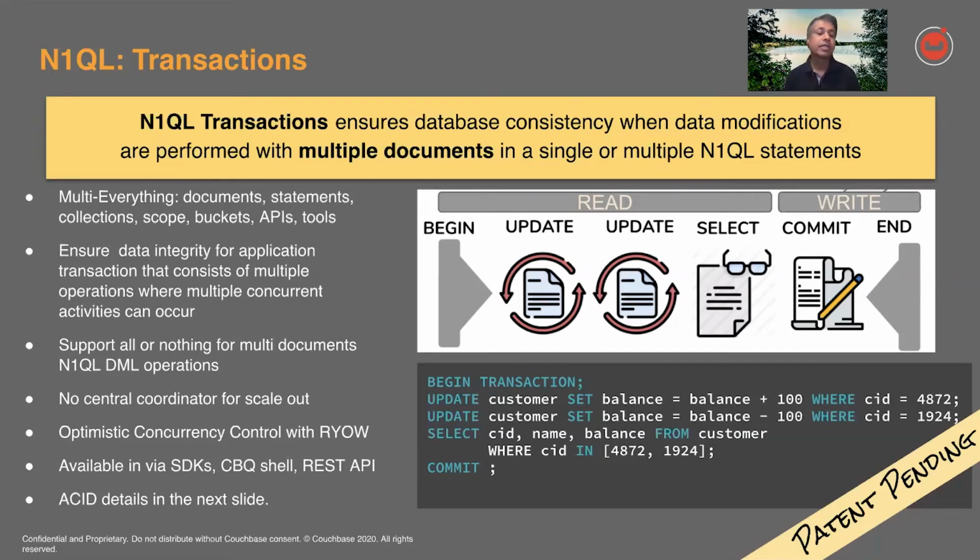Now comes an interesting situation where you have a select statement on customer, and the customer ID is the two document IDs that you just updated. What happens now? It goes and does the index scan, gets the two qualified documents. Then, before it goes ahead and fetches the document from the KV, it checks to make sure, hey, are these documents something that I have updated in the current transaction?